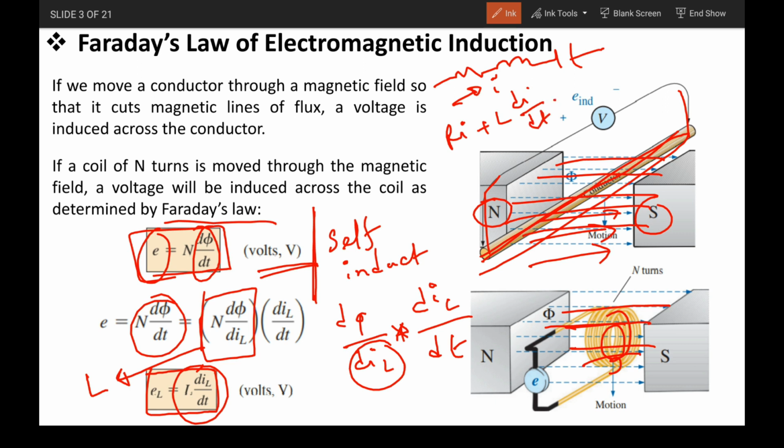And for the capacitance it is 1 over C integration of i dt. These are the voltages, because I am talking about a KVL equation. This term basically came from Faraday's laws of electromagnetic induction.